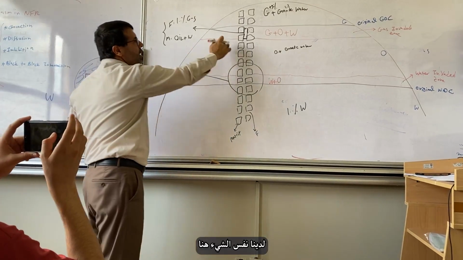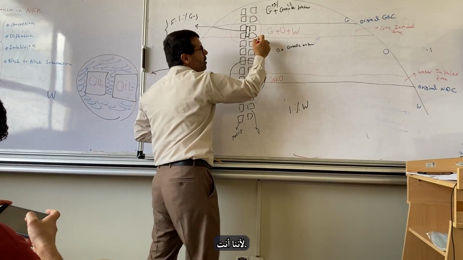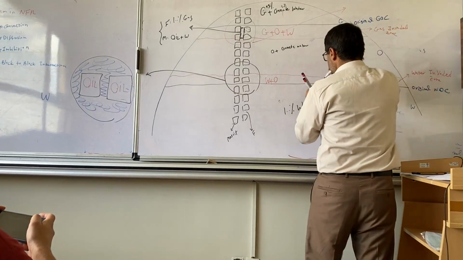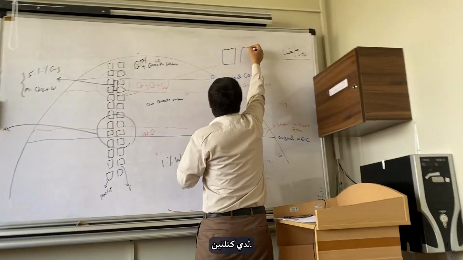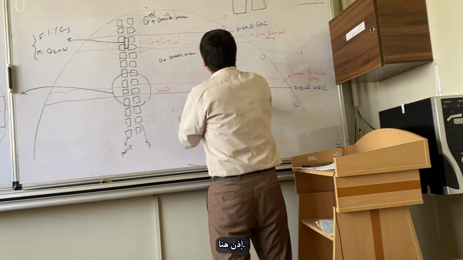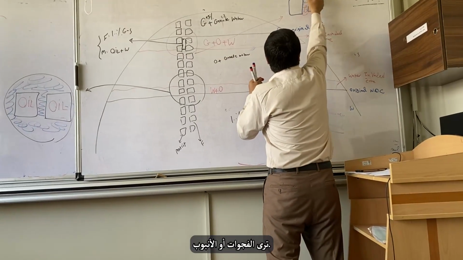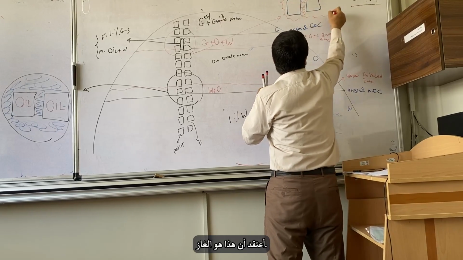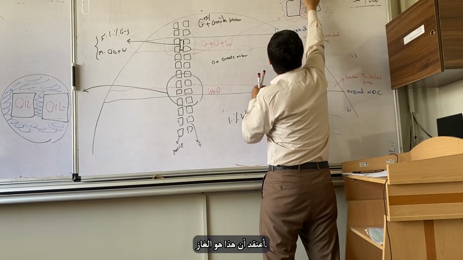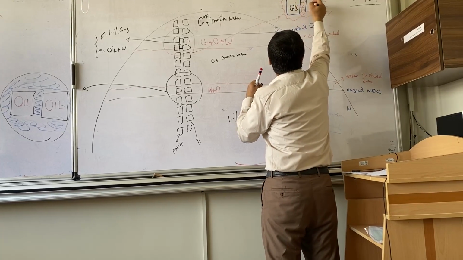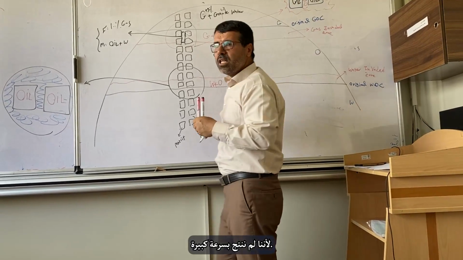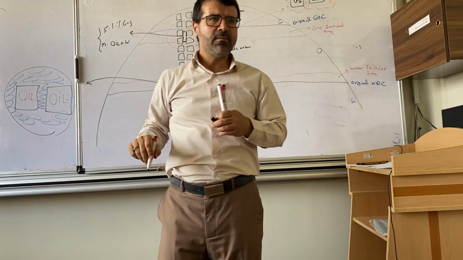We have the same thing here. Make a zoom here. I have two blocks. So here, you fill the gaps or the pipe by gas. This is gas. But inside the blocks, I have oil, because oil didn't produce very fast.